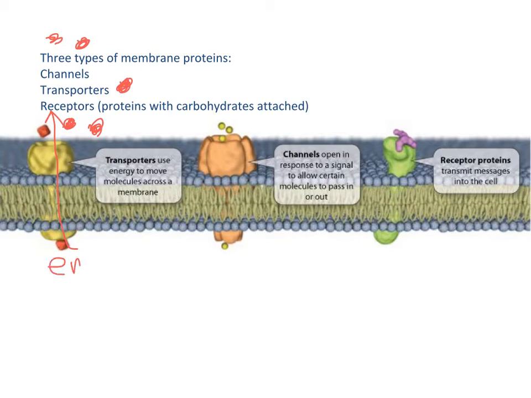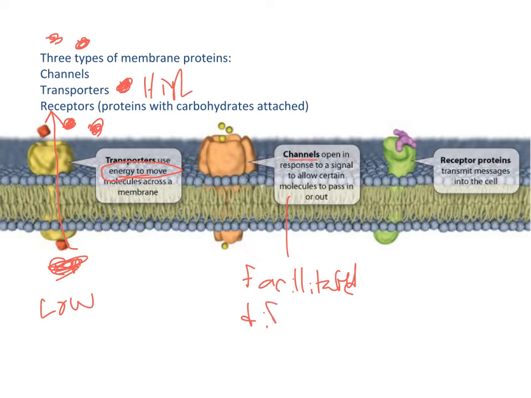All right, energy, well, it says right here, energy is required to move from a low concentration to a high concentration. Channel proteins are responsible for facilitated diffusion. And so in this case, we have a bunch of molecules here. So this is high concentration, and we are going to a low concentration. So that's a channel protein.